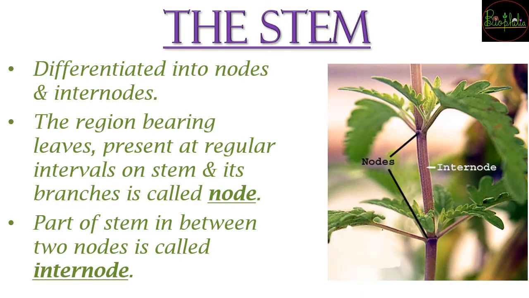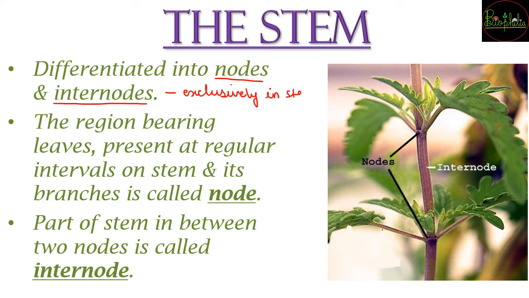So the stem is going to be differentiated into nodes and internodes. जैसे previous video से हमने पढ़ा था कि roots में there are no nodes or internodes. So nodes या internodes का presence जो होगा, it is exclusively only for stem.